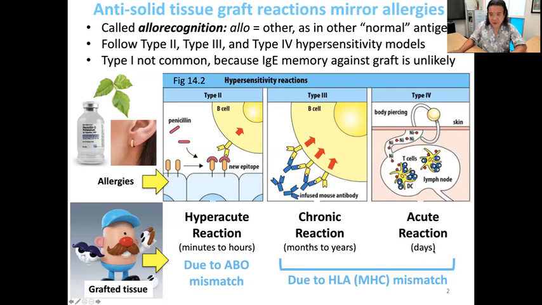That might take place over the course of several days, for example, so we tend to refer to that as acute reaction. Or it might be rejection that doesn't happen right away, but might take months or even years before the patient's body finally rejects the transplanted tissue. That we would call chronic reaction. In these cases, these follow a type 3 and a type 4 hypersensitivity.